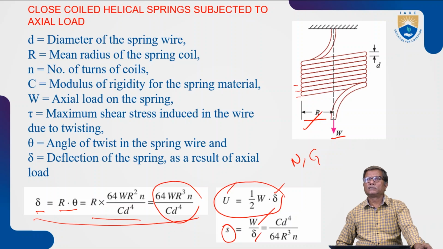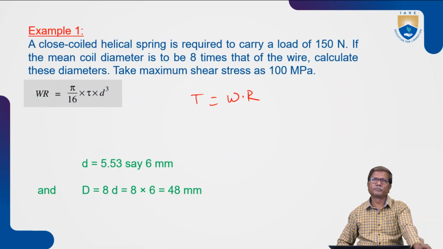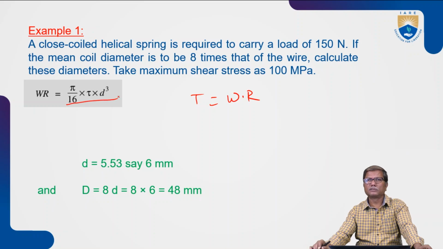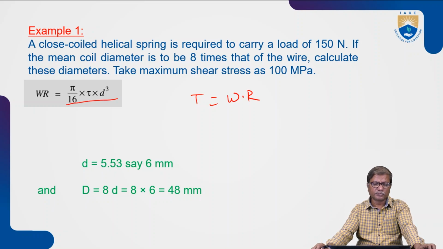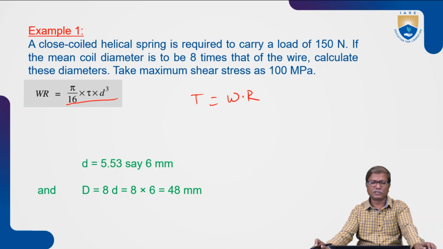The twisting moment to which the wire of the spring is subjected is equal to W into R. Also, the torque is given from the torsion equation, where tau is the maximum shear stress in the wire of diameter d.